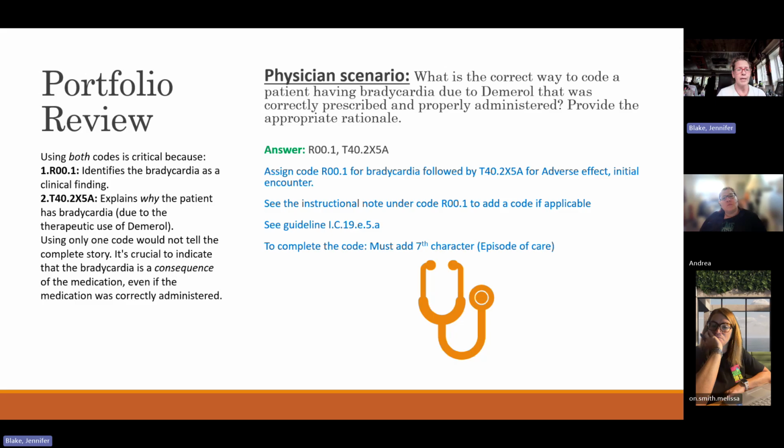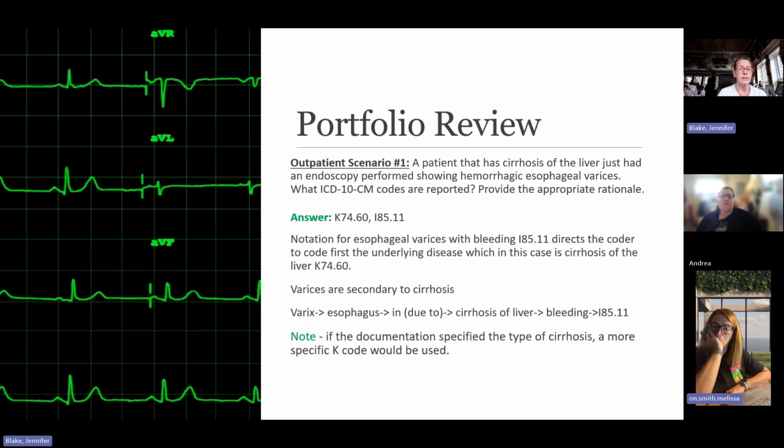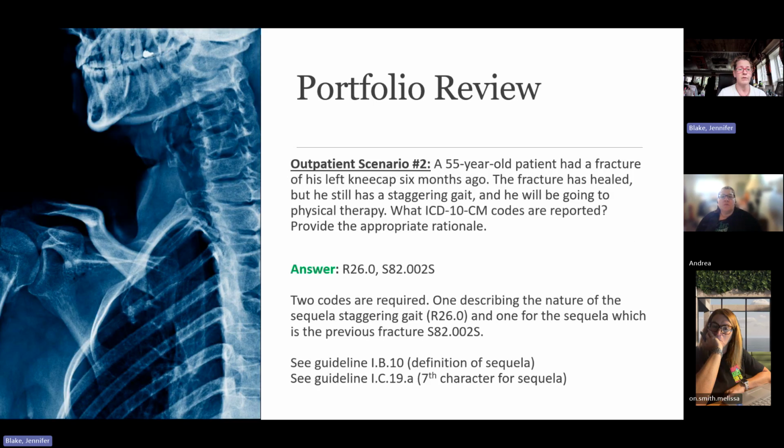I did give everybody very detailed feedback for week 3, but if for any reason you missed that or you just want to go back and review again, your answers to week 3 are going to be here. So this was the first scenario. And the second scenario, same thing, gave you the answers and how we got there. And same thing for the third. Okay, so you can go back and review that if need be.